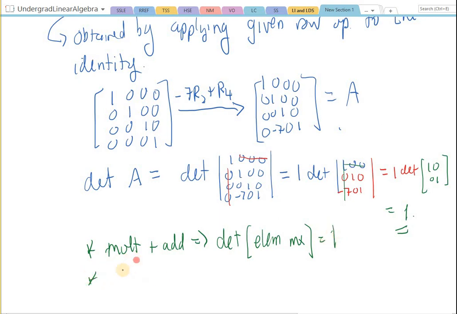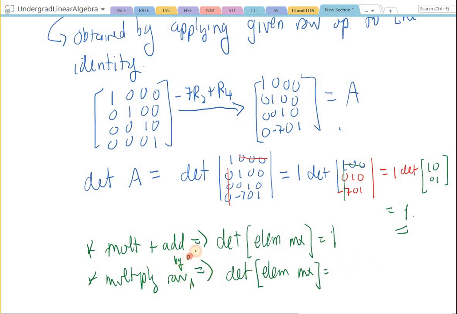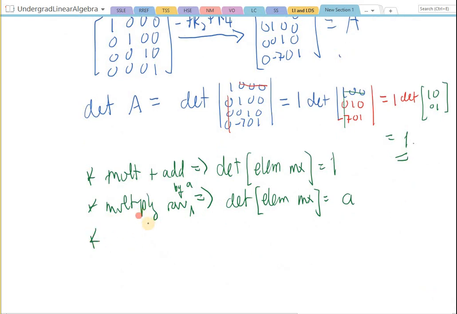If I just take multiply row by A, the determinant of the elementary matrix is going to be A. And if I swap rows, then the determinant of the elementary matrix is equal to minus 1.